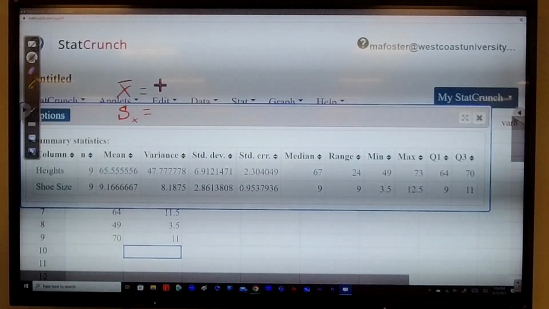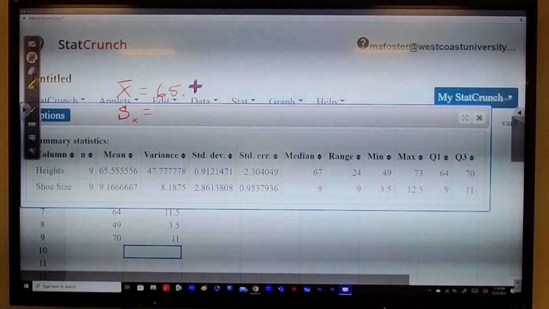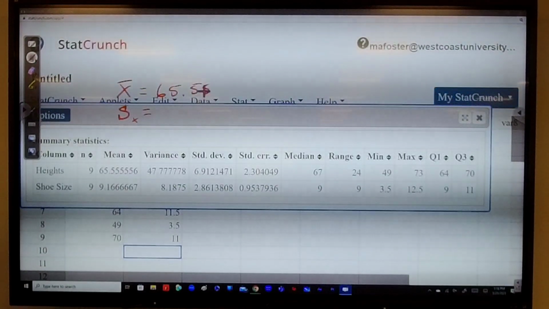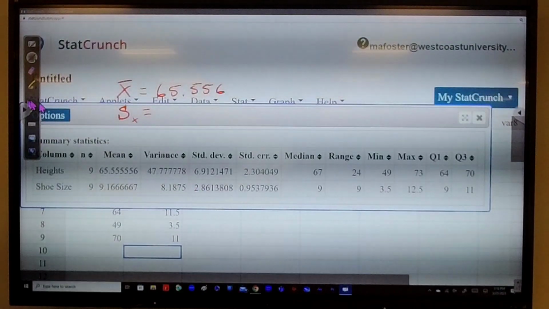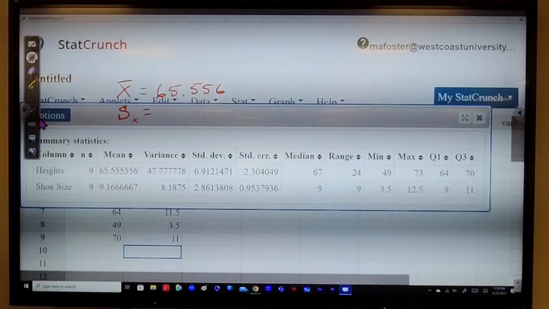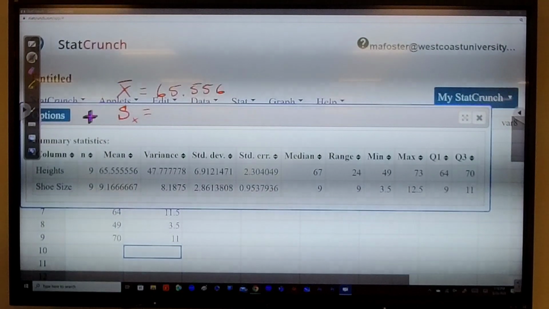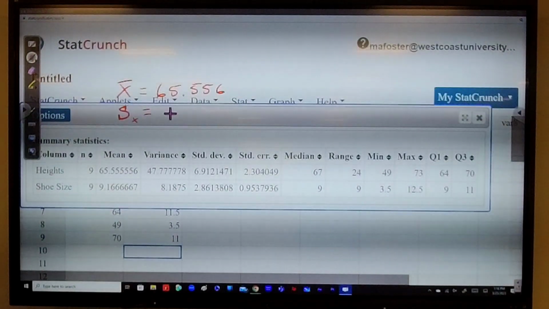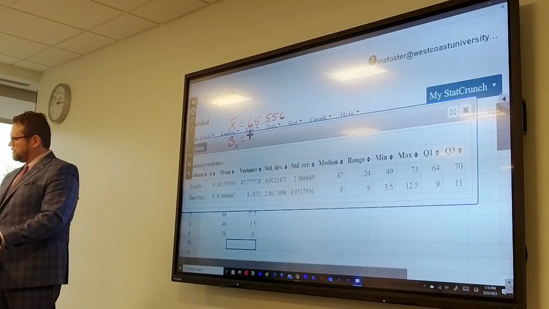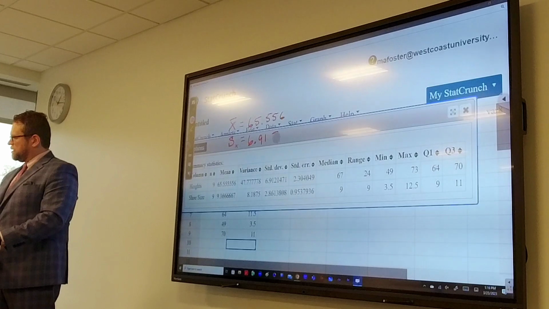So I'm getting an x bar of 65.556. 3 decimal places is plenty. And my standard deviation is 6.912. Make sure you're using the standard deviation and not the standard error.